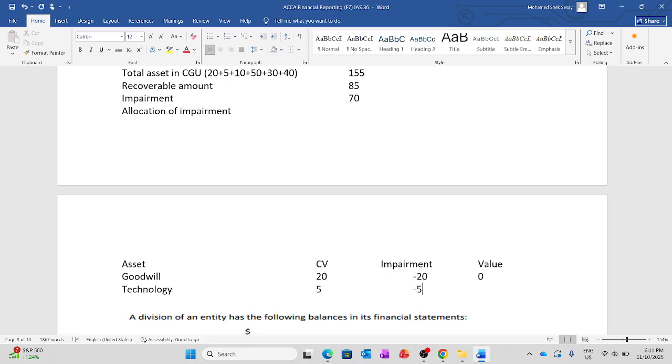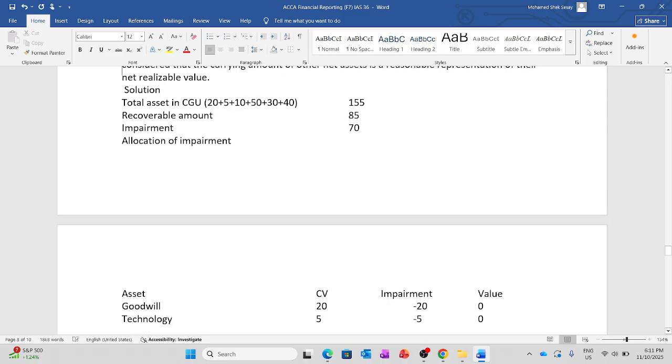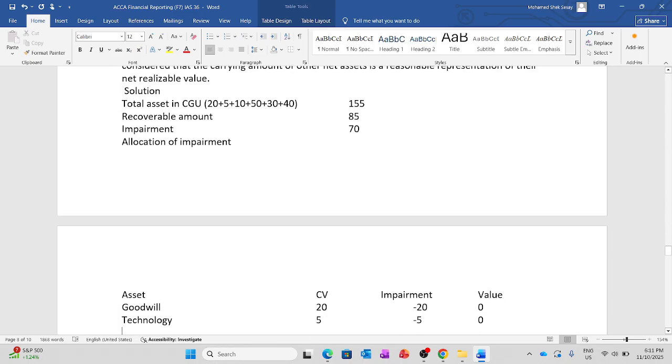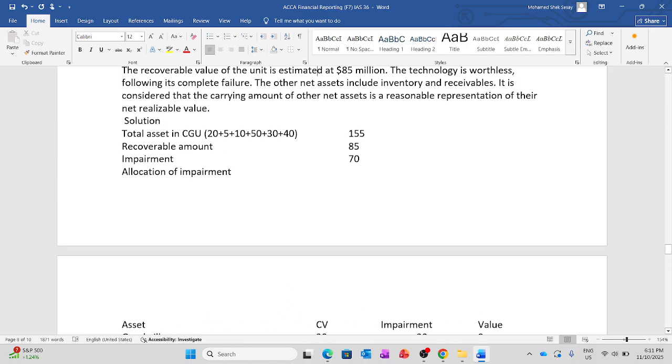So minus 5. So out of the 70, we have utilized 25, so 70 minus 25 remains 45, right? So from the 45, the other assets, we are not going to impair as stated in the question because it is assumed to be at the recoverable amount. So other net assets, we are not going to impair, which is, what is the value for other net assets? Which is 40.